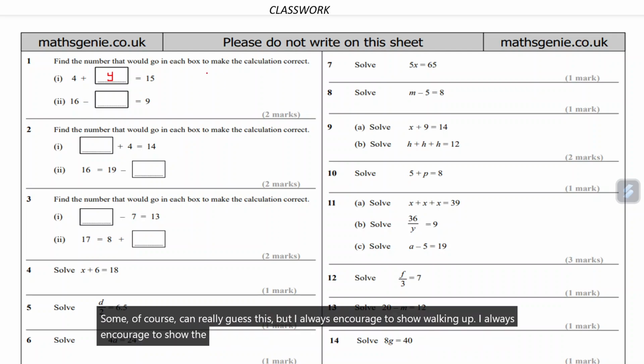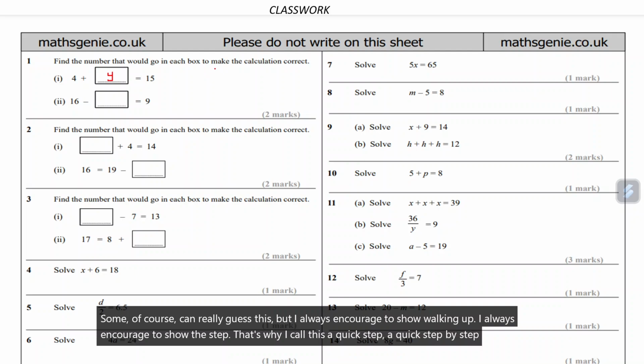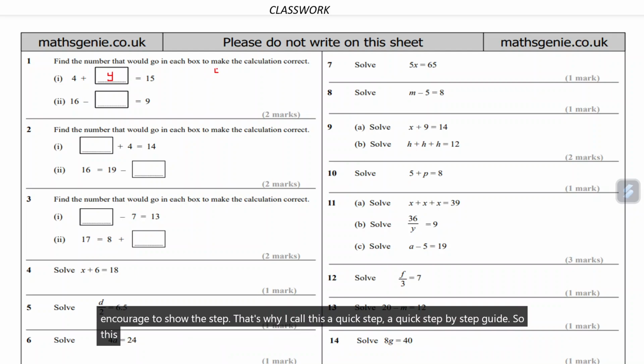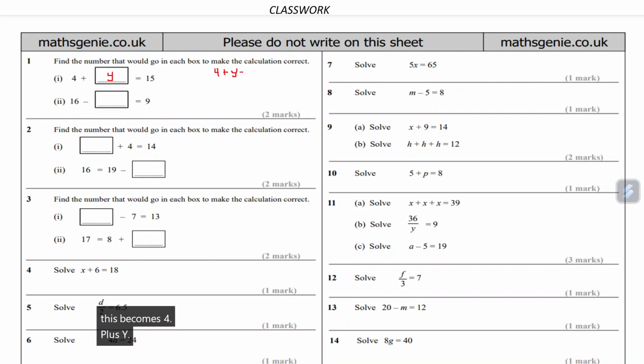That's why I call this a quick step-by-step guide. So this becomes 4 plus y equal to 15. So we need to find the value of y.